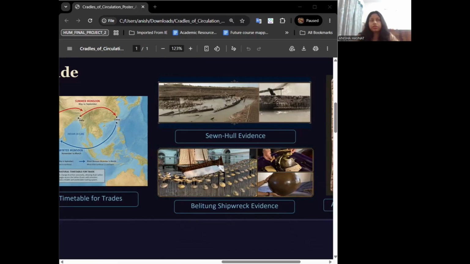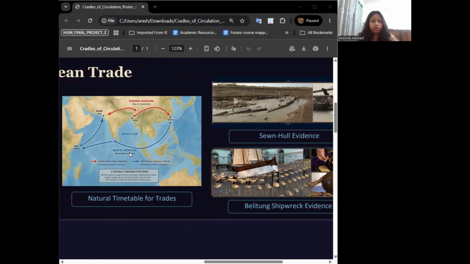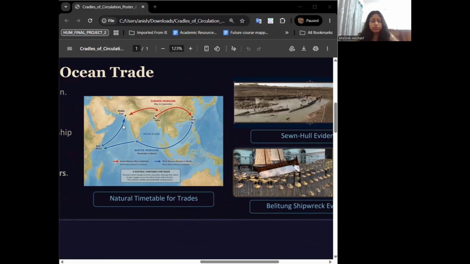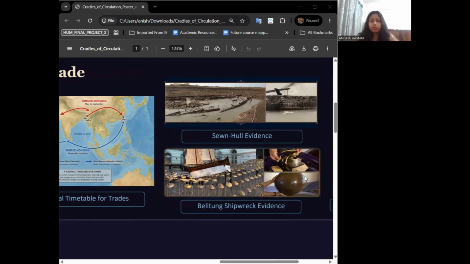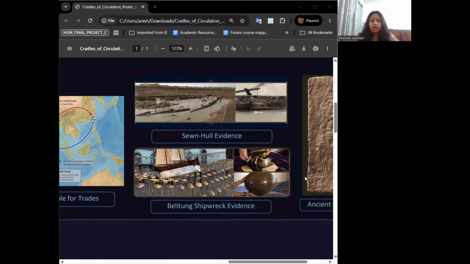The factory schedule was actually being set by the monsoon departure window, and both shipwrecks carried the same type of Guangdong storage jars, and these jars have been found from the Persian Gulf to East Africa to Sumatra. So these jars actually worked like standard shipping containers that were recognized across many ports.